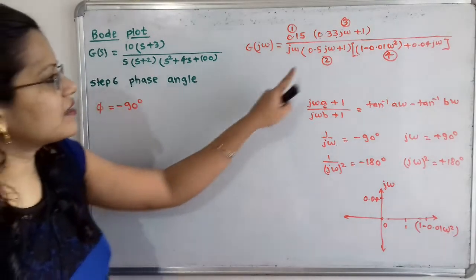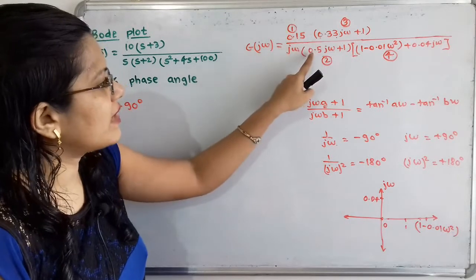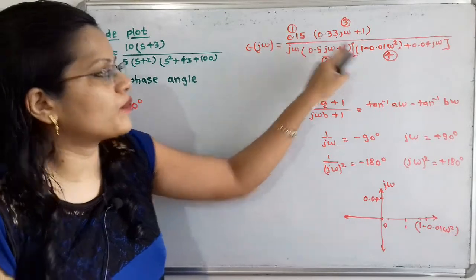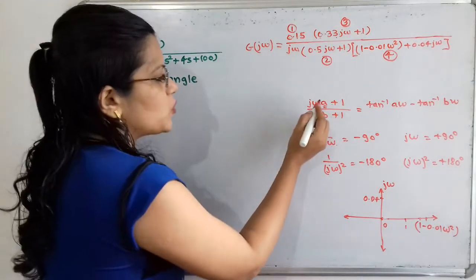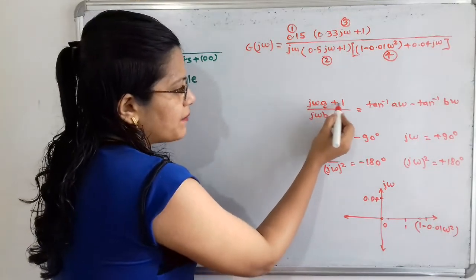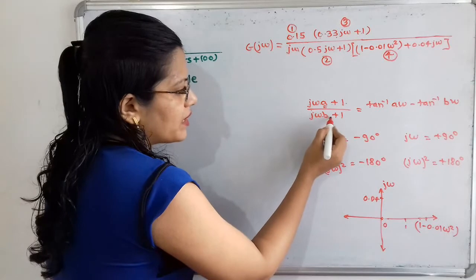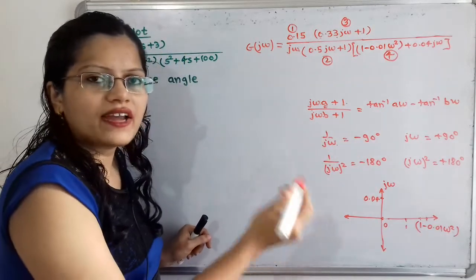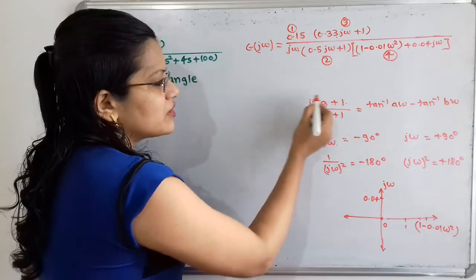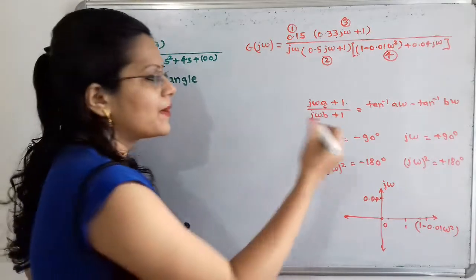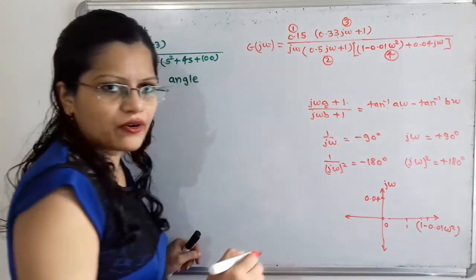Now what is the second term? The second term is 1 divided by 0.5 j omega plus 1. Here it is important to note: for j omega a plus 1 divided by j omega b plus 1, how can we write the angle? The j omega a term is in the numerator, so we take plus tan inverse of a omega.